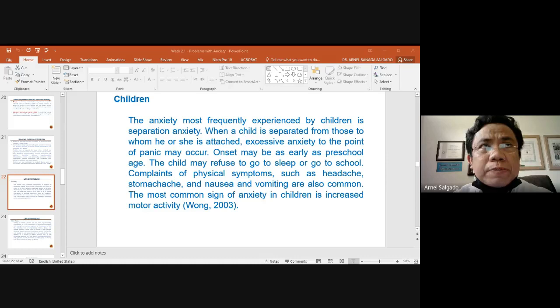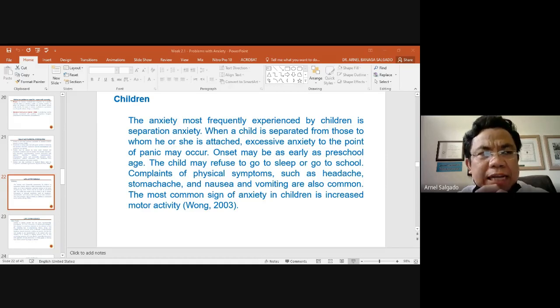Those are the basis of our nursing diagnosis. In the formulation of the nursing diagnosis, we always need to utilize the guidelines given by NANDA, North American Nursing Diagnosis Association.